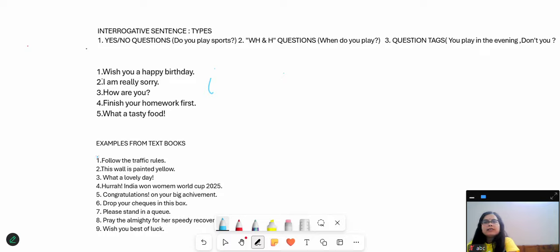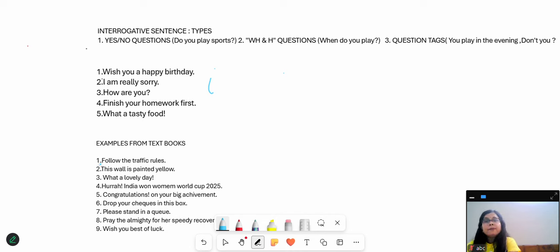Now let's have some examples from the textbook. Dear friends, it becomes all the more important that we begin to apply the rules to the language that we speak every single day as well as to the textbook, right? So the first example that I have taken is follow the traffic rules.